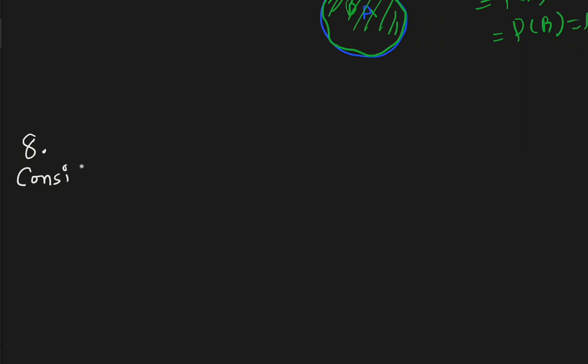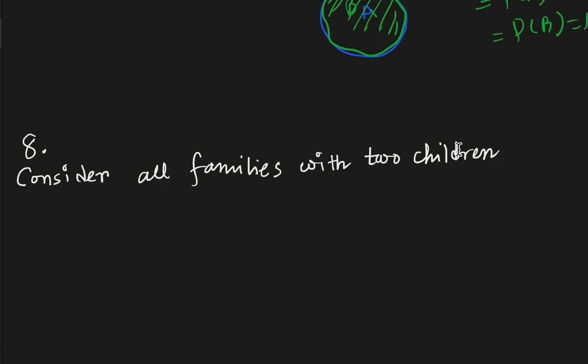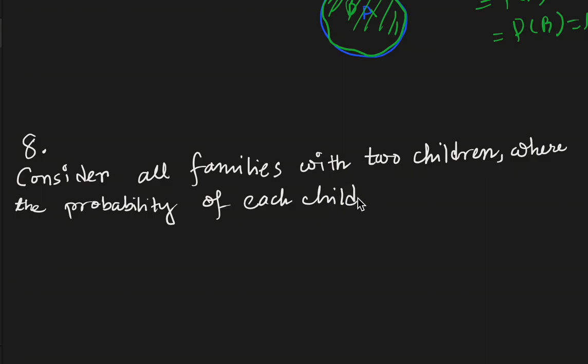Consider all families with 2 children where the probability of each child being a boy or a girl is 1/2.